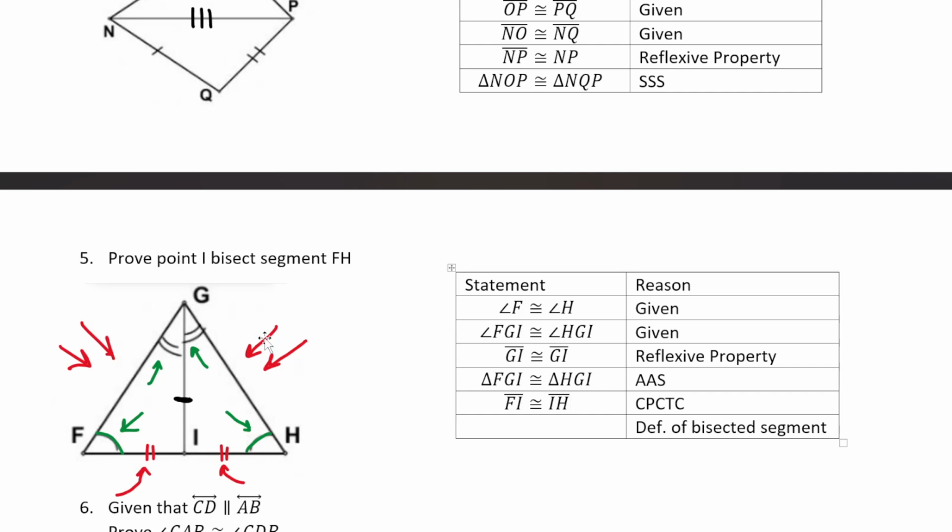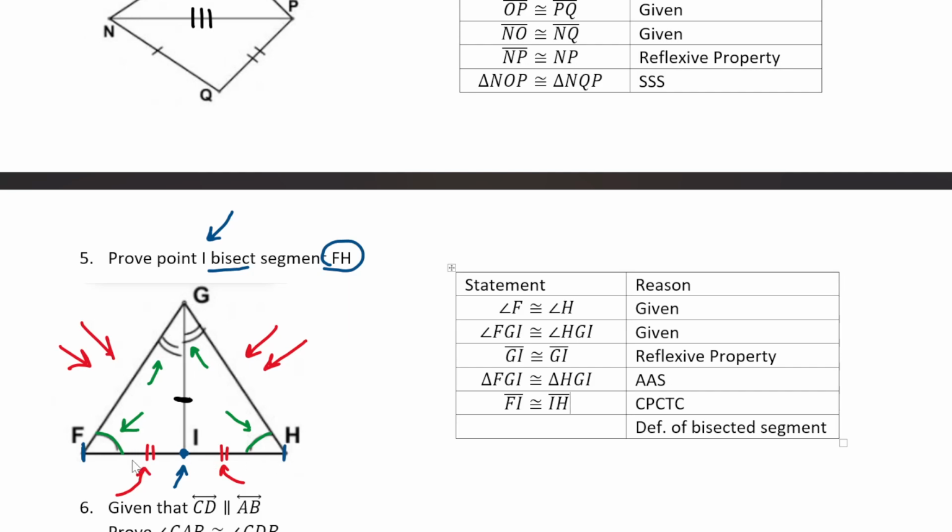Okay, now here's the thing. You have to pay attention to what we are trying to prove. We are trying to prove that point I, this point right here, bisects segment FH. FH is the segment from here to here. So we're trying to prove that this point is cutting FH in half.